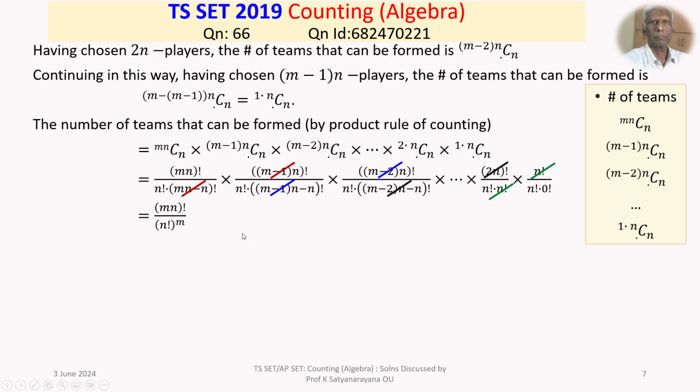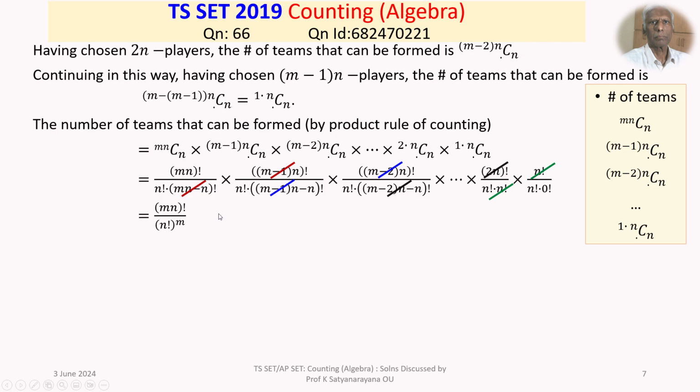Now, the teams are not numbered or given any names. So that means in these the teams are permuted and written, duplicated also. Therefore, you have to divide by m factorial.